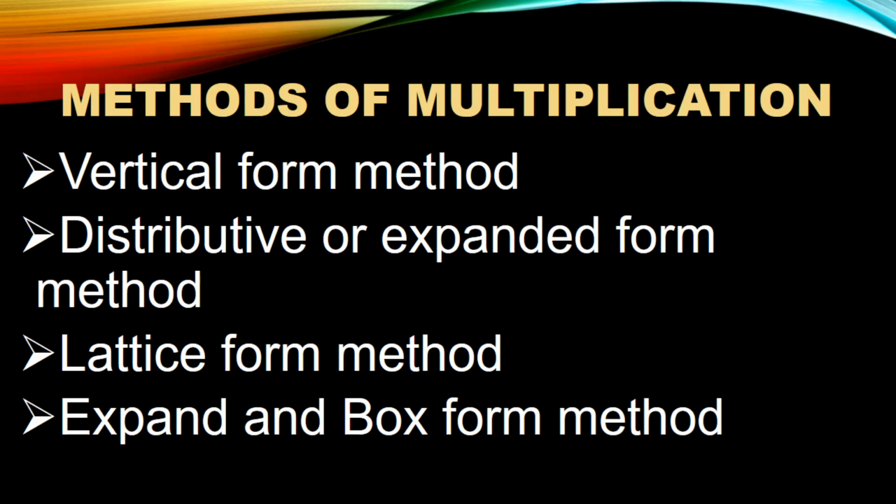And then the lattice form method. We have another method that is the lattice form method. This is a new method that they added to the curriculum. The lattice form is the use of a box, where the box will be divided into two in a slided way.